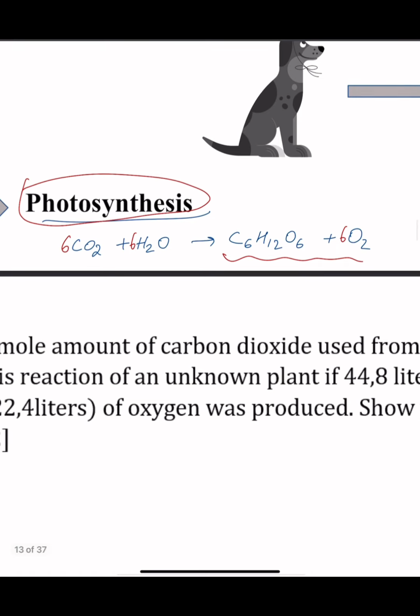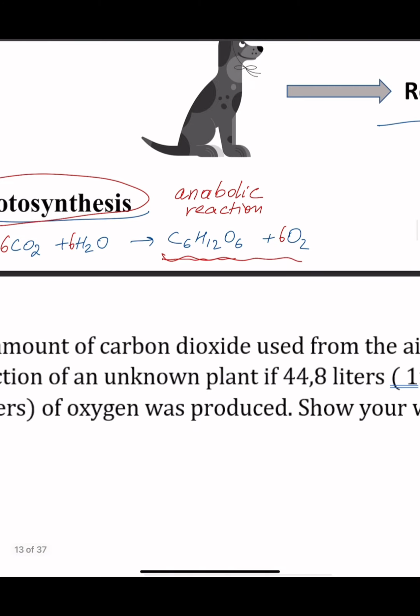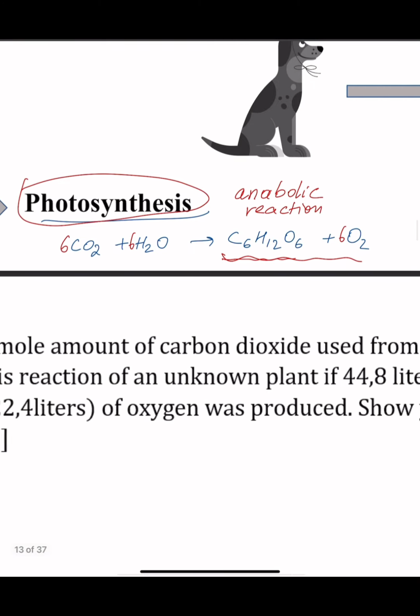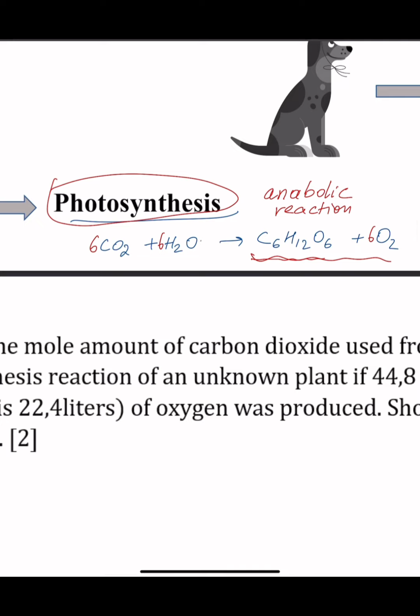While photosynthesis, because you make the complex structure, is going to be an anabolic reaction. Okay, anabolic reaction. And when an anabolic reaction happens, we need to get heat, and actually we use the heat from the sun. The plants, not we, plants use heat from the sunlight.